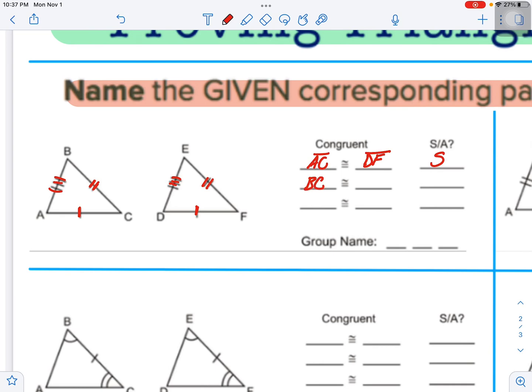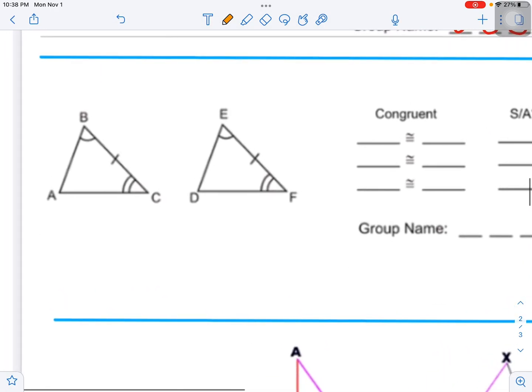With two dashes, BC is congruent to EF, also a side. Finally, AB is congruent to DE, which is a side. This is called side, side, side. S stands for side.